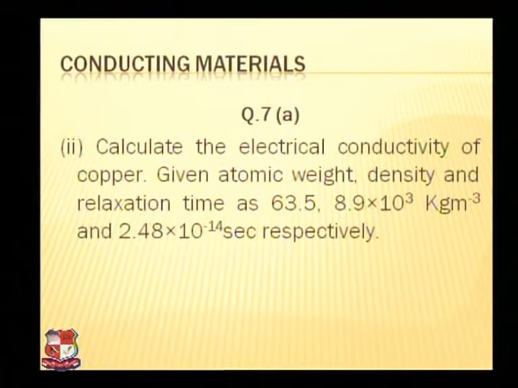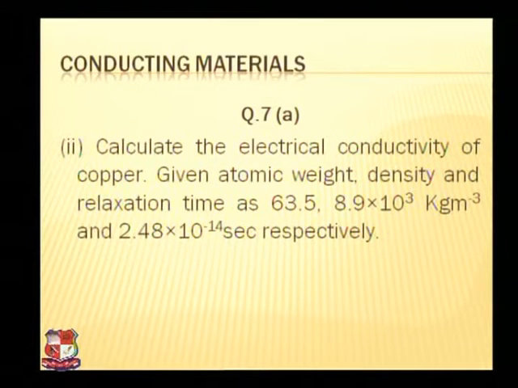We have been given its atomic weight, density, and relaxation time as below: 63.5 is the atomic weight, 8.9 into 10 raised to 3 kg meter inverse cube is the density, mass per unit volume, and 2.48 into 10 raised to minus 14 second is the relaxation time.